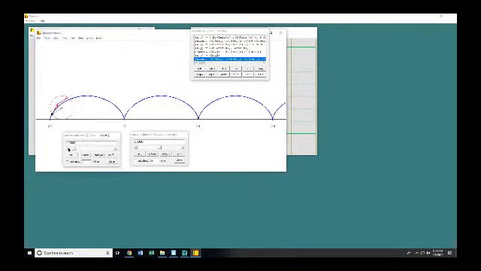Okay, so that's a cycloid. So what factors are governing the cycloid? The radius of the circle. Put a dot on your bike tire.